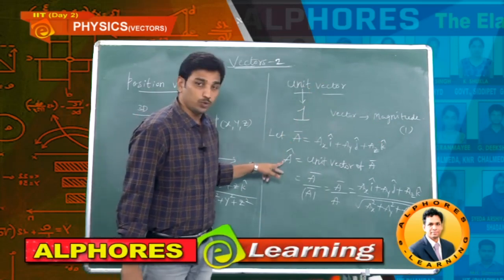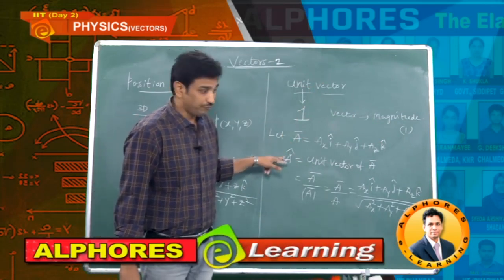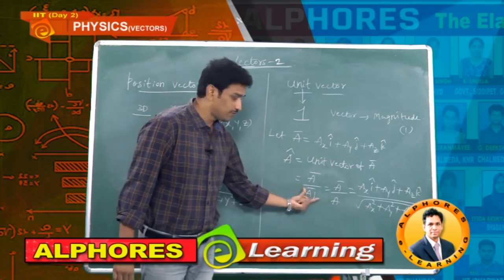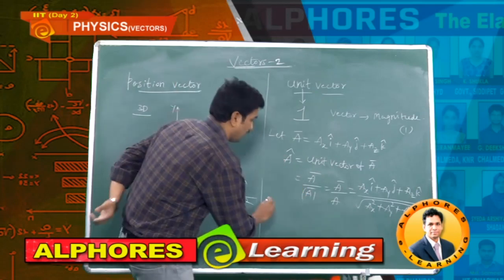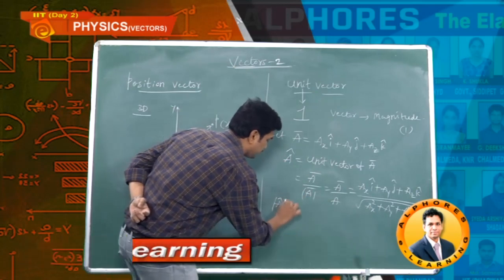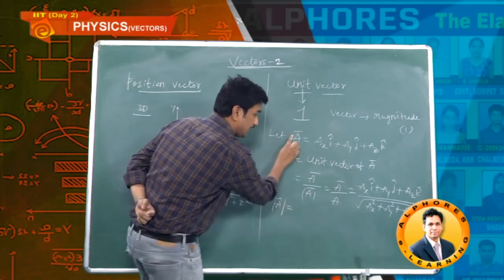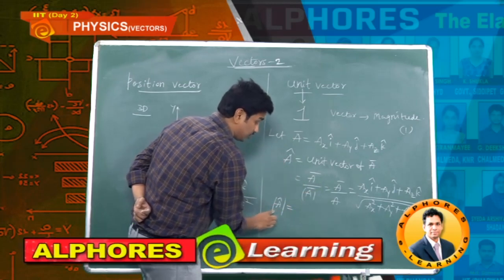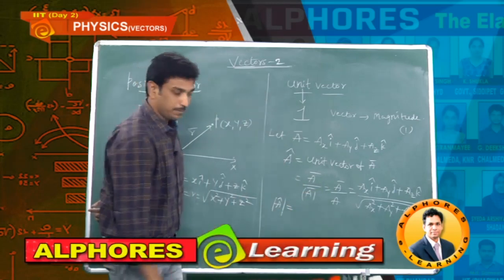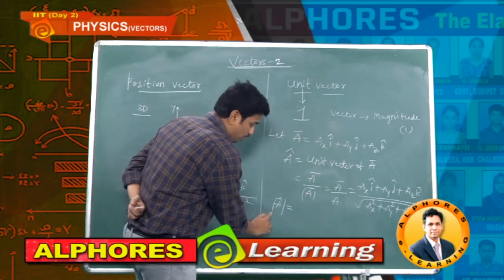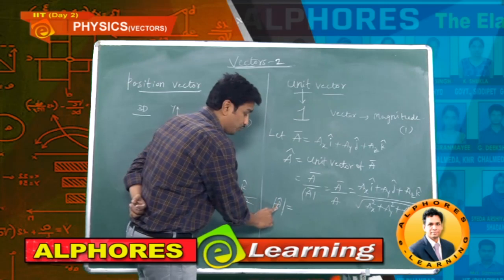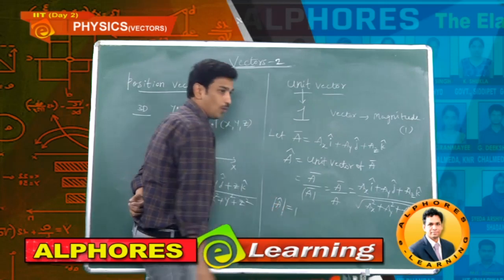I am telling you this is the unit vector. If I prove this vector magnitude is 1, then this formula is right. Now, mod A bar is A. Mod A cap is the magnitude of the unit vector of A bar. What is the value? 1.